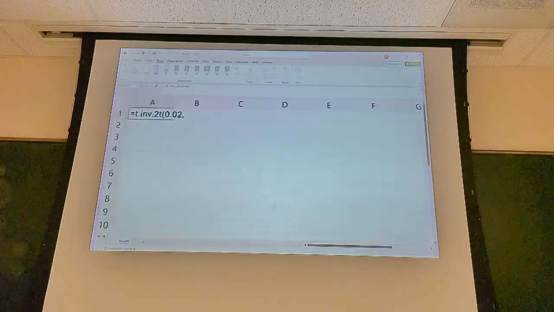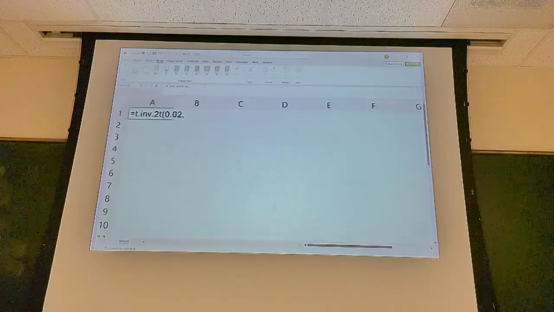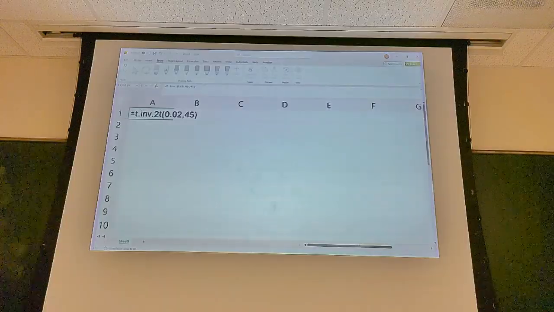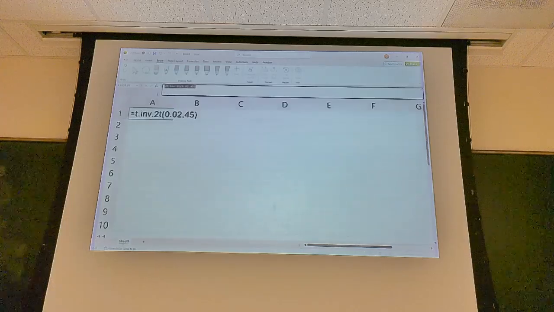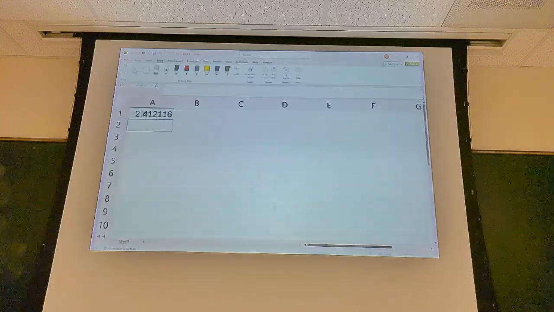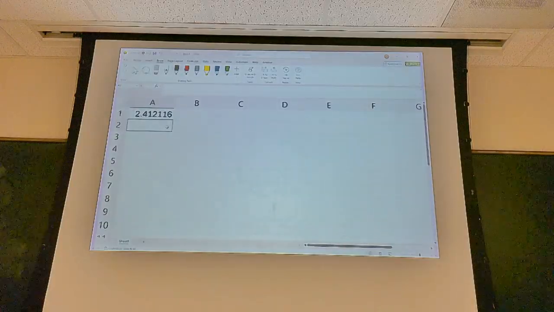And the degrees of freedom, 45. What this will give is the t-value, your critical value.